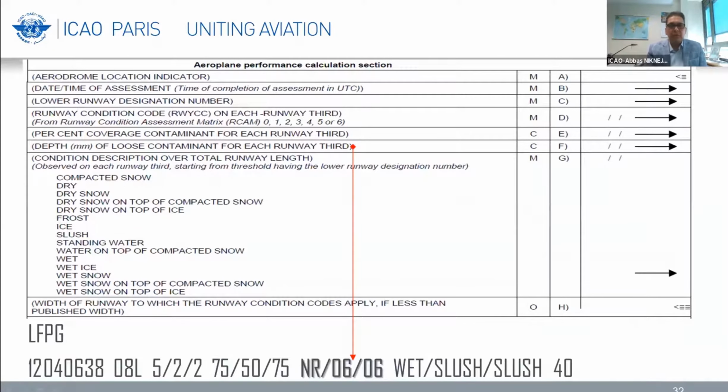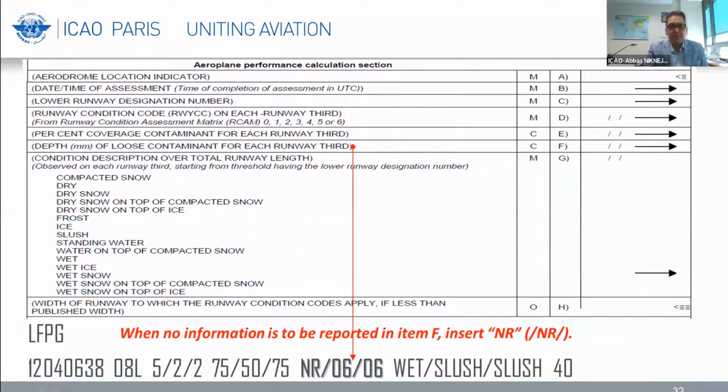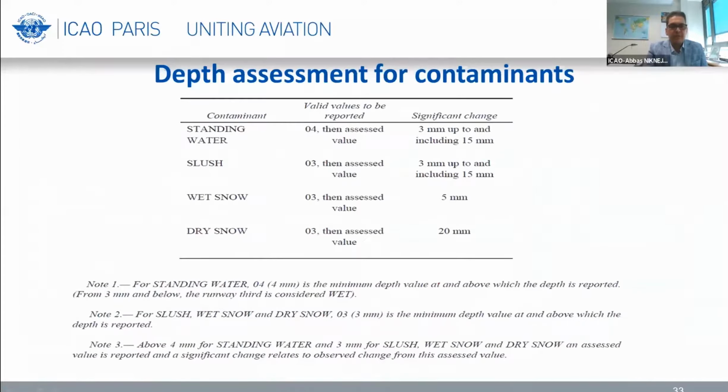So getting back to the format, item F is the depth of contaminant. Again, if depth values are not available or are not significant to be reported for any reason, if they're not reported, put NR between the slash symbols.